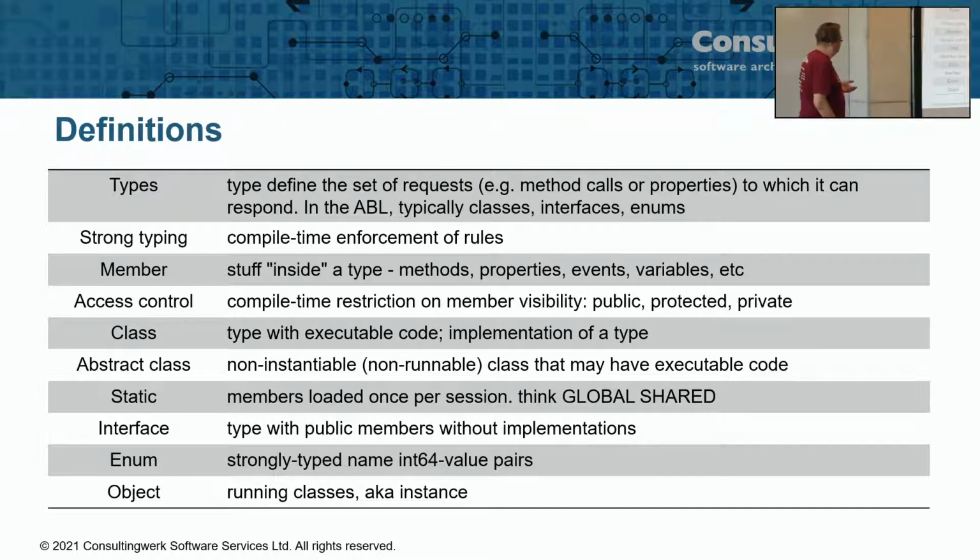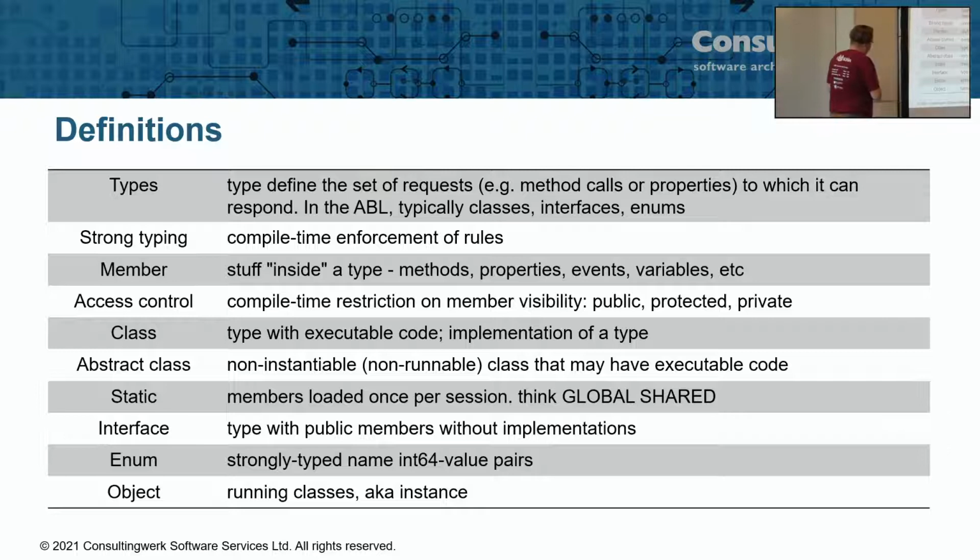With internal procedures of a .p file, the compiler will not check for internal procedures, and it will not check for the parameters. The compiler is able to do that here. The thing with strong typing are the members of a type. So members are all the stuff implemented in it: methods, properties, events, variables, etc. Member is just the collection term for those.